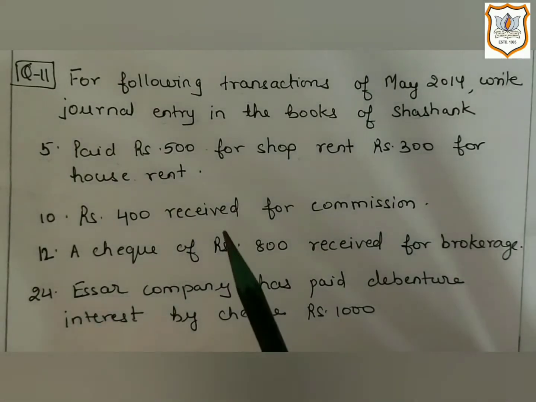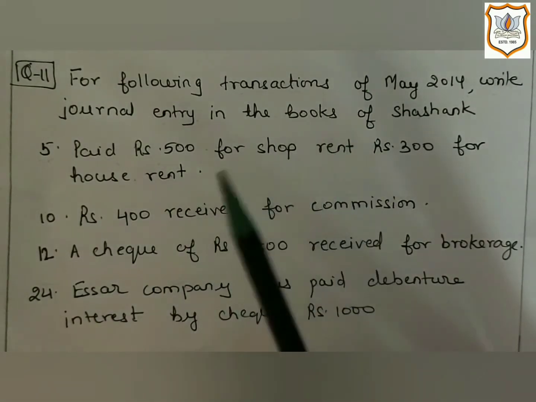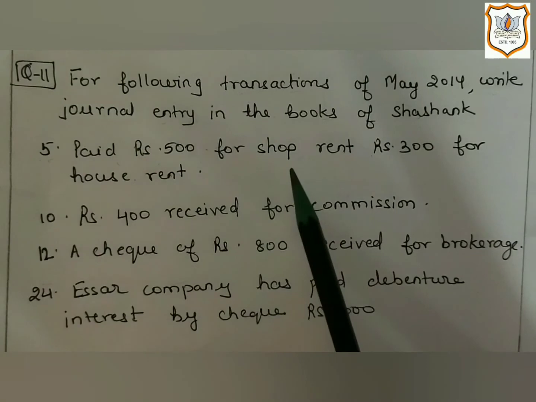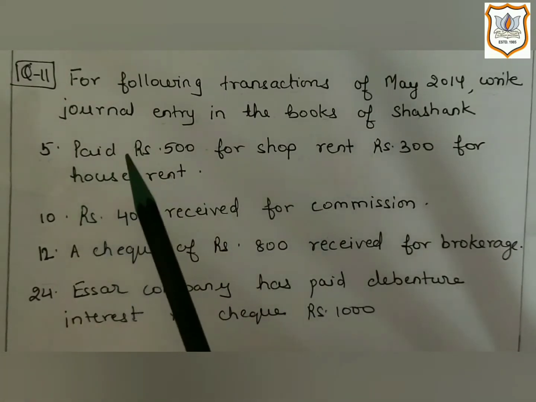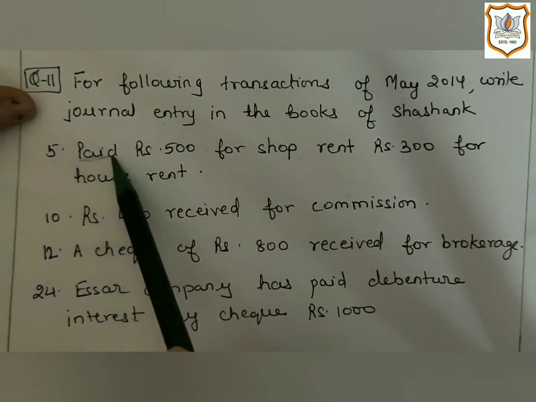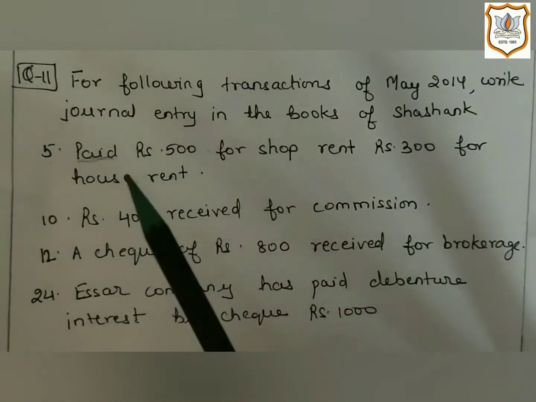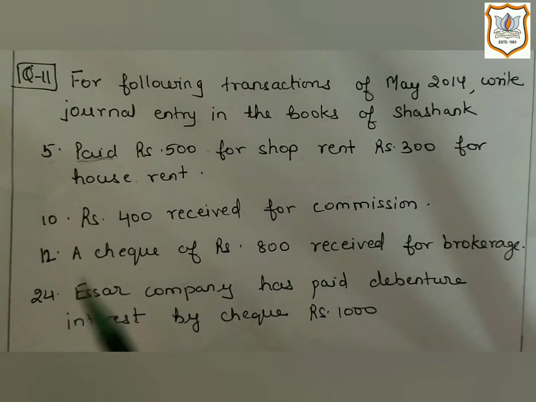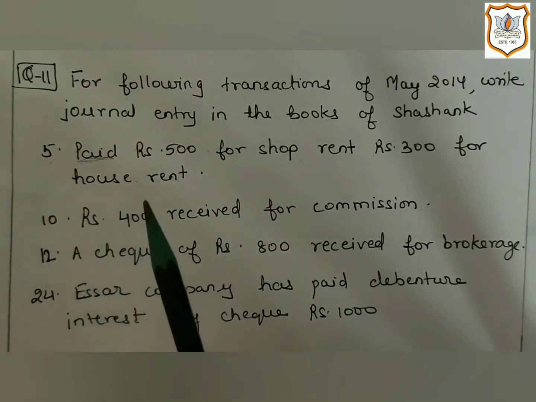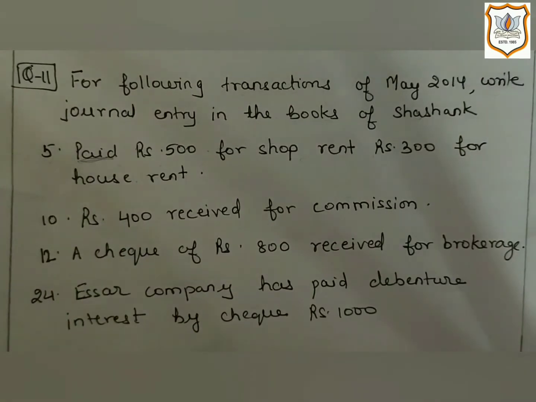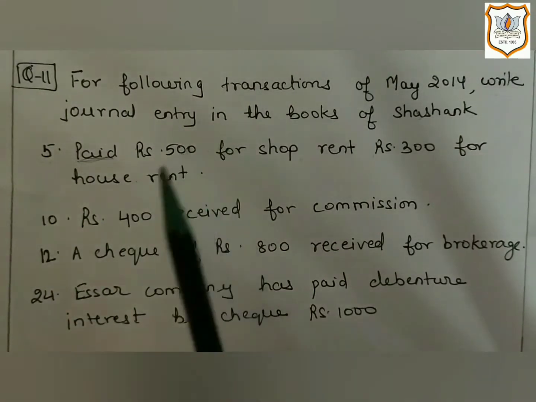To make it easier, first let us decide whether it is cash transaction or credit transaction. We can easily identify as here paid word is given. Whenever paid or received word is given, that means it is cash transaction. So it is confirmed that cash is going to be affected. Means cash account is going to be affected.